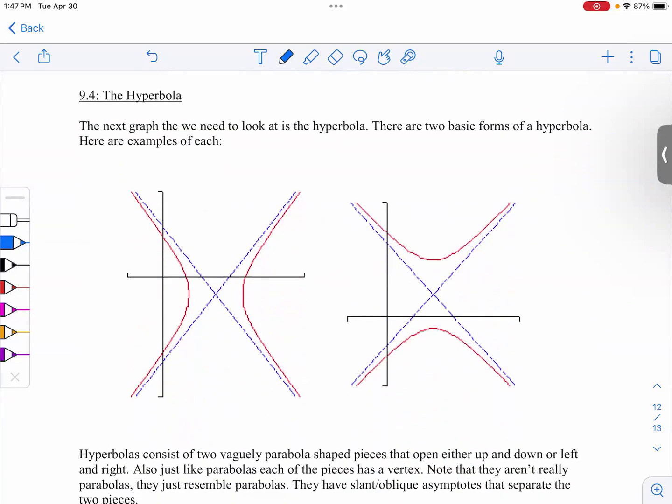All right, and our last shape, one that you're probably less familiar with. You may have seen pieces of this, but again, since this is not a function, this clearly fails the vertical line test. Hyperbola, which was that slash where we get both pieces of a conic. Notice both these are conics. And it can be in either the X direction or the Y direction. It doesn't matter. Same concept with the shape.